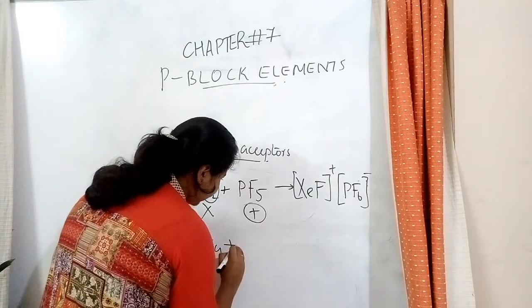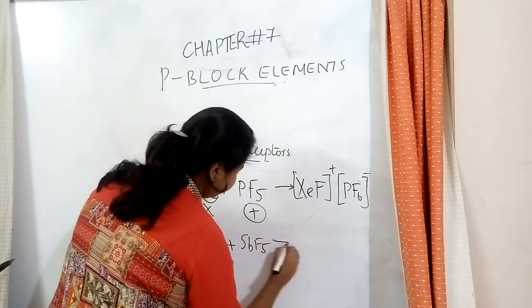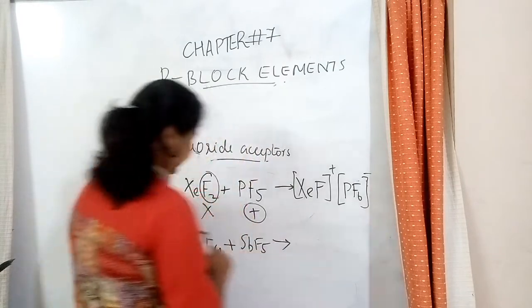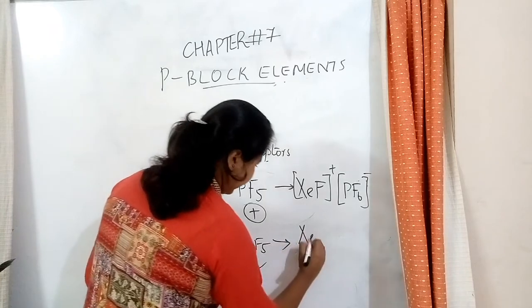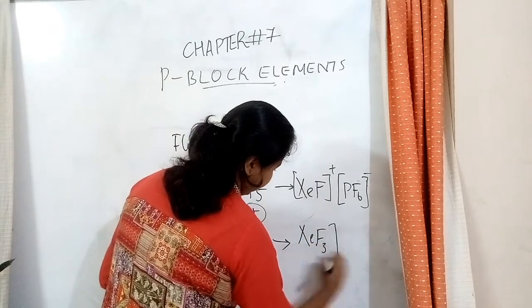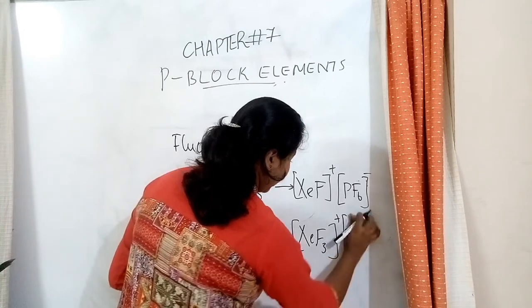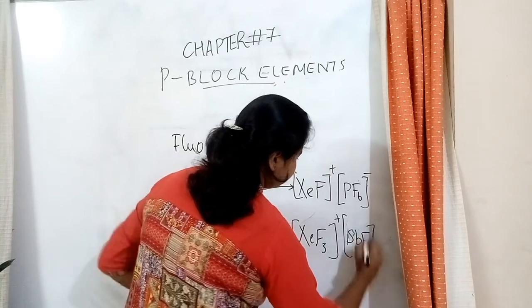The same way we will write XeF4 plus our other compound SbF5. What would it give? Here also one is lost, one is gained. So XeF3 plus and SbF6 minus.